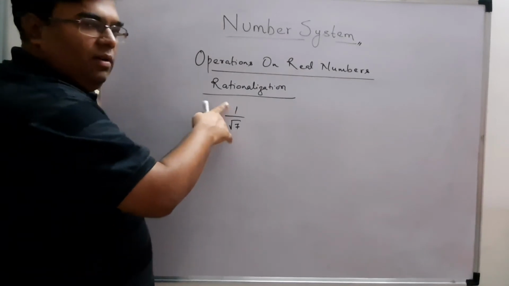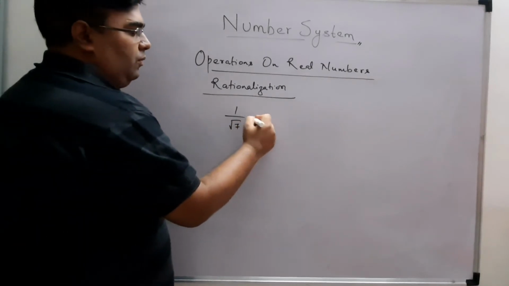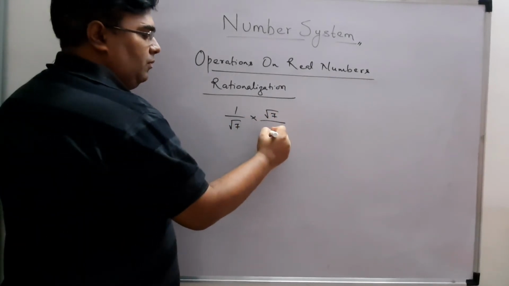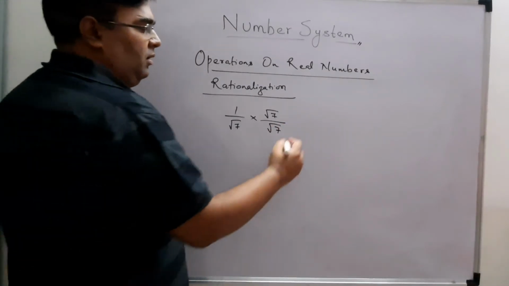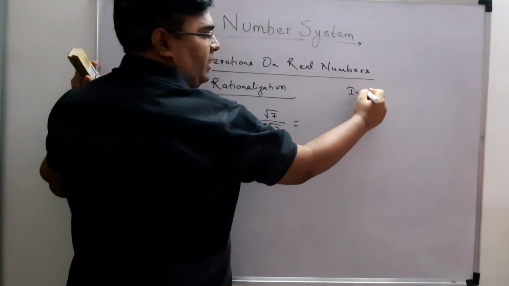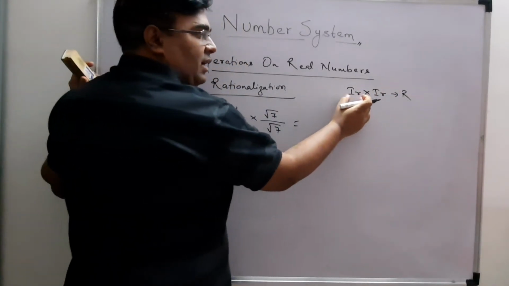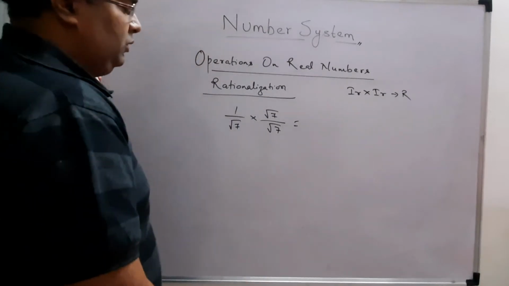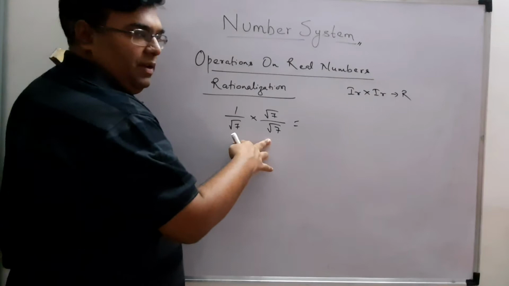In the numerator we have only a rational number. So what we can do is multiply by the same irrational number, because irrational multiplied by irrational gives irrational only when both are different. So in the denominator I have multiplied the same irrational number.